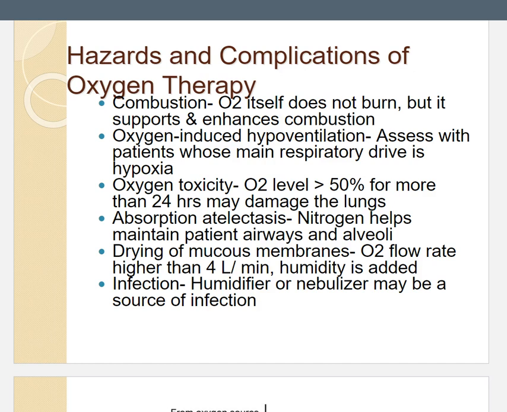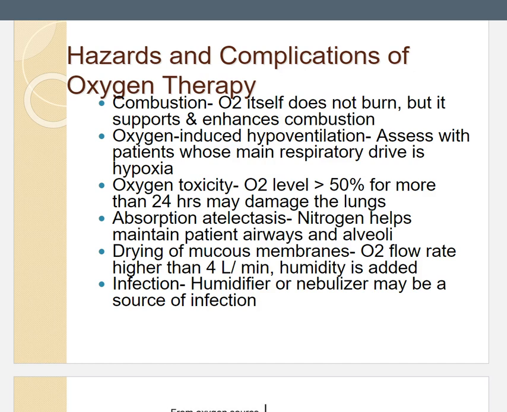So if we again give high levels of O2, it kind of dilutes the nitrogen. The O2 diffuses from the alveoli into circulation, and guess what? Your alveoli will collapse, and guess what? You have poor diffusion. It's going to affect your respiratory rate and definitely give very poor ABG results.